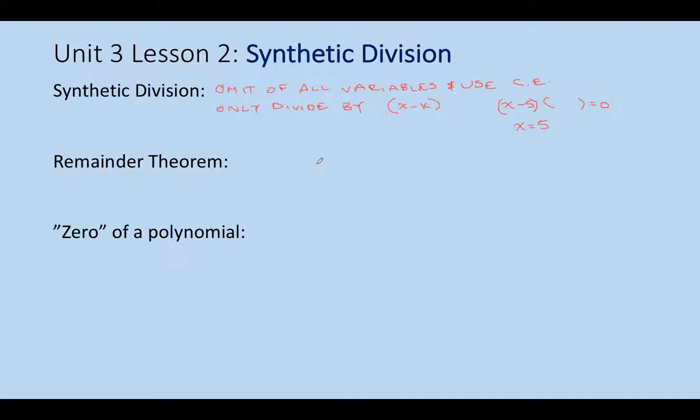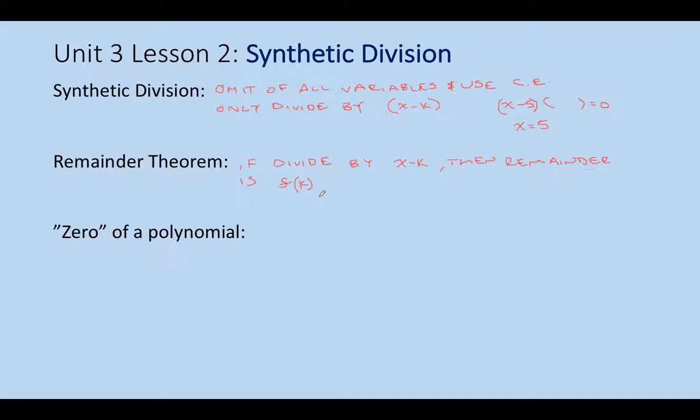The remainder theorem says this: if we divide by x minus k, like we're talking about before, then the remainder is f of k.